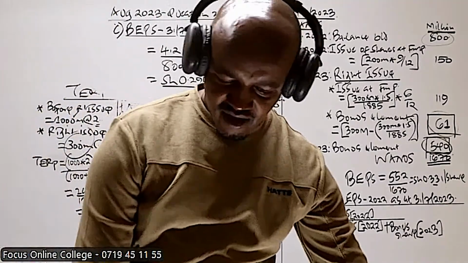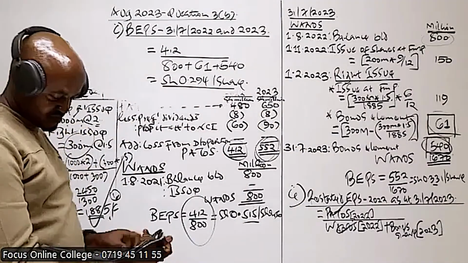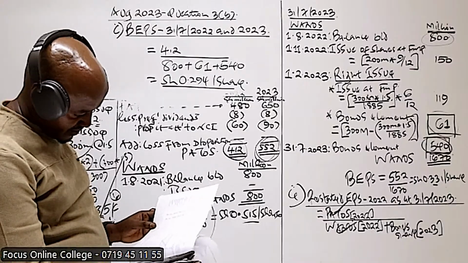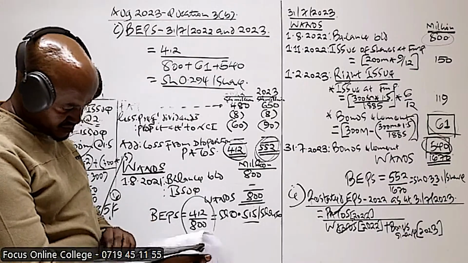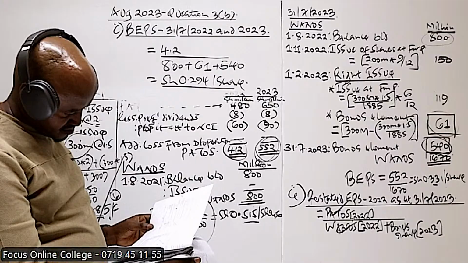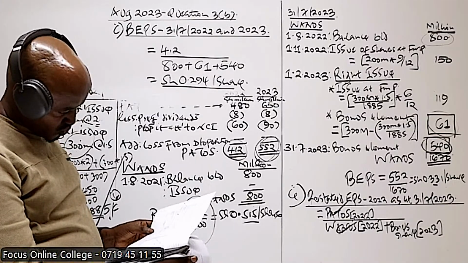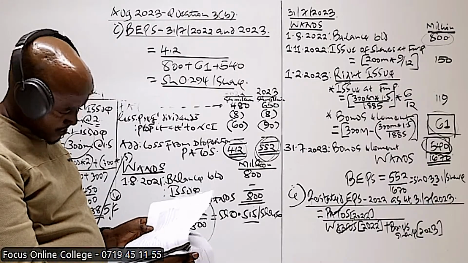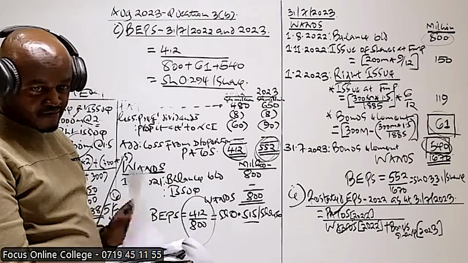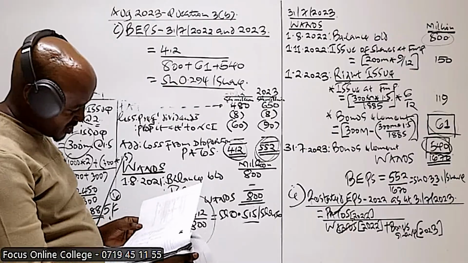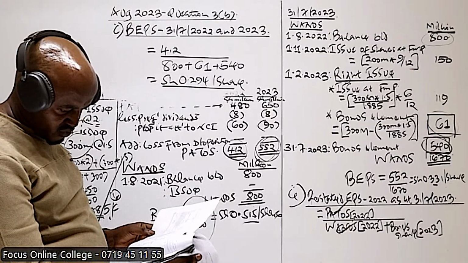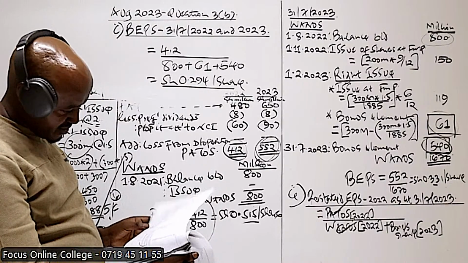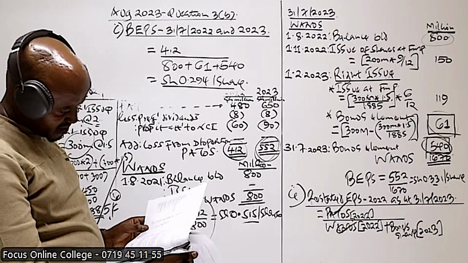So can you confirm whether that is the value you're getting? Yes, 0.294. So basically that is what was required there.